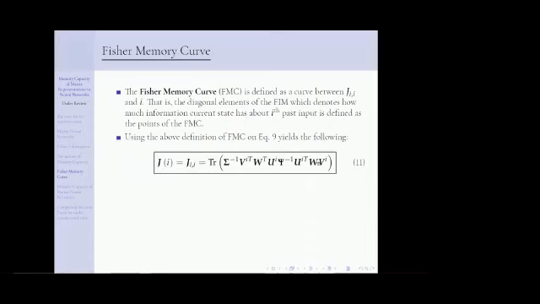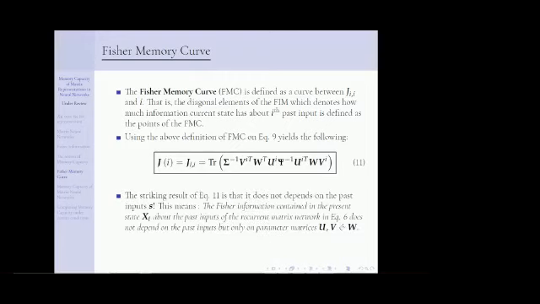That is the reason the memory capacity of a matrix dynamical system, as defined in the previous equation, is actually independent of whatever the input was. It is just dependent on your parameter matrices, and that's a very striking result, though not that striking actually.